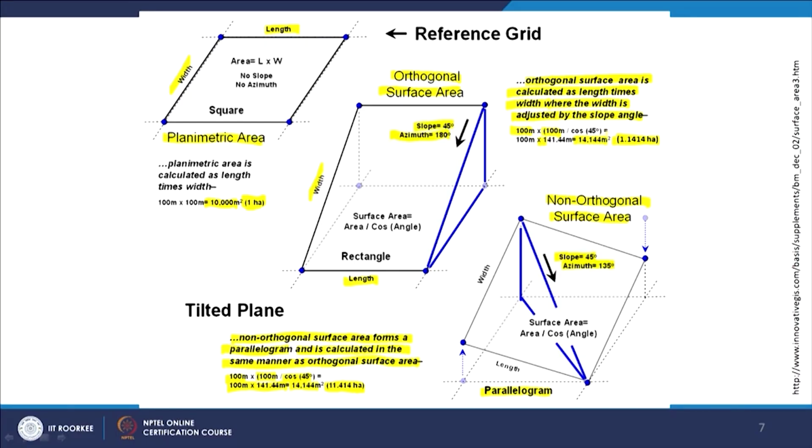So one has to take care about this. In this particular example, orthogonal and non-orthogonal are giving the same area, but in some other situations there might be some differences there. But planimetric and surface area are going to be different.